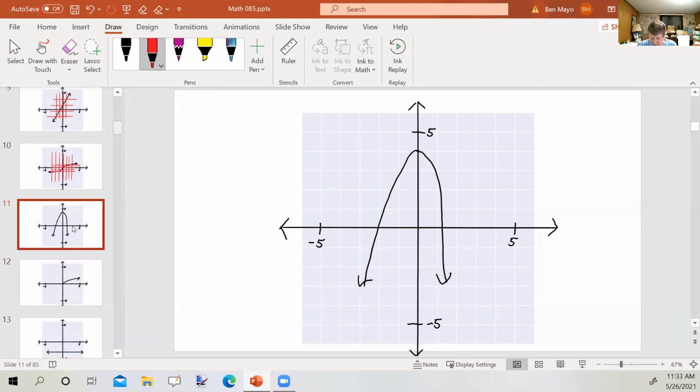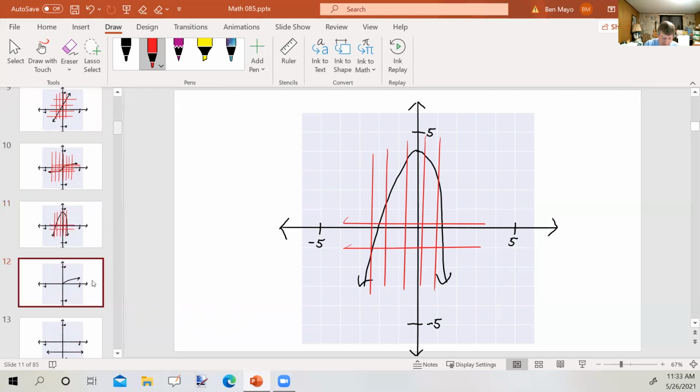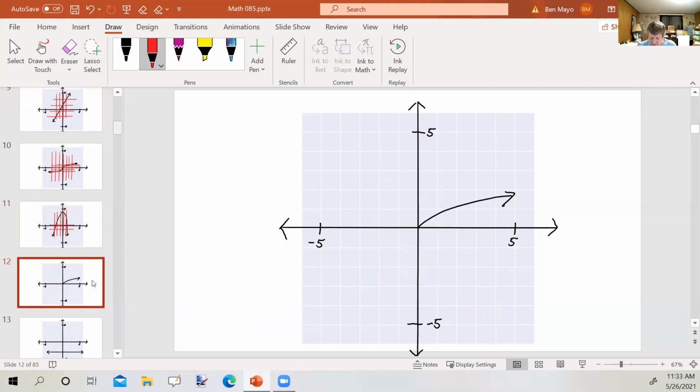This sad-looking parabola is a function, but it is not a one-to-one function. It fails the horizontal line test. This square root function, again, passes the vertical line test and passes the horizontal line test.